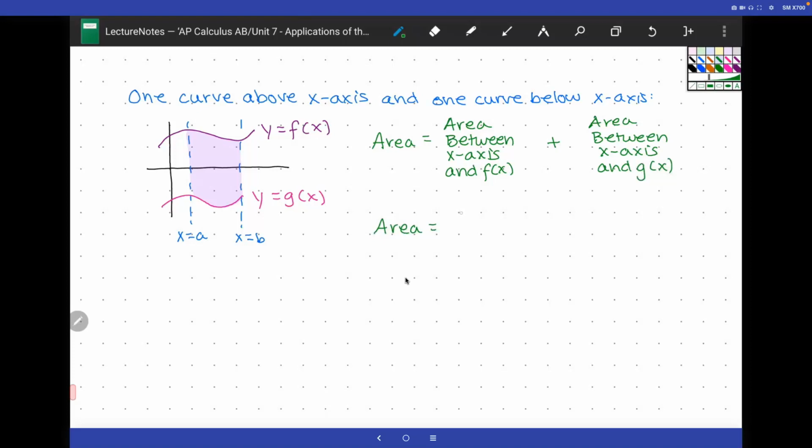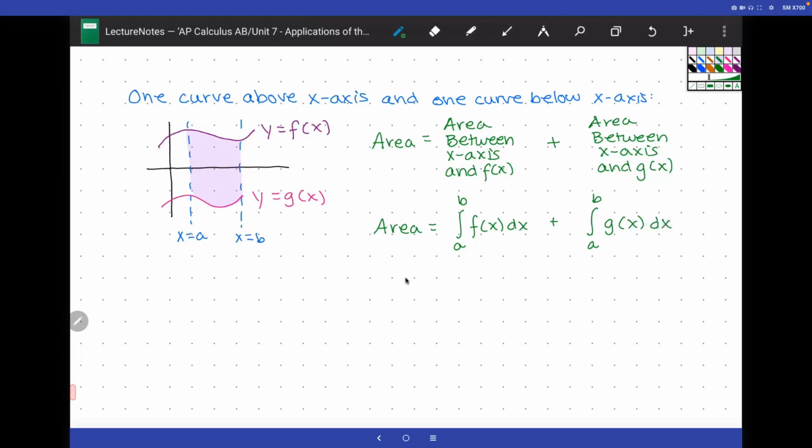Would that be like the integral from a to b of f of x dx, plus the integral from b to a... do you want b on the bottom? No. Oh, okay. Like that, g of x. All right, what do we think? We got it? Marcus?